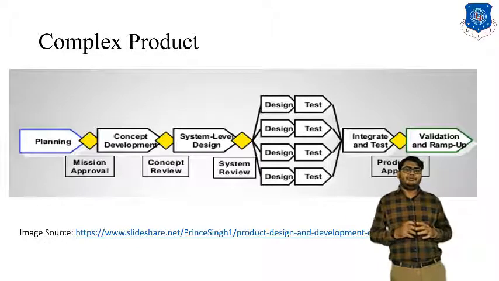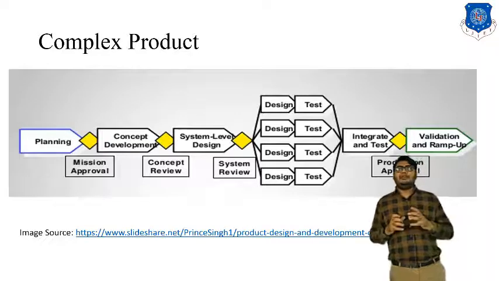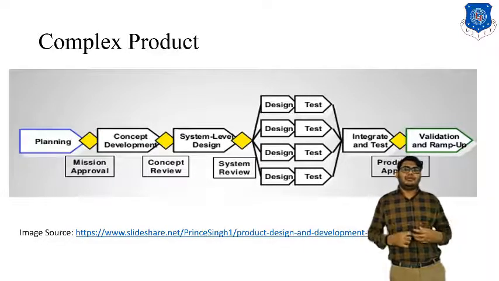After the concept is developed, we send the concept to review. That process is known as concept review. We make sure that the concept we have developed is correct and there is no misalignment between the concept that we have developed and the product that the customer needed.